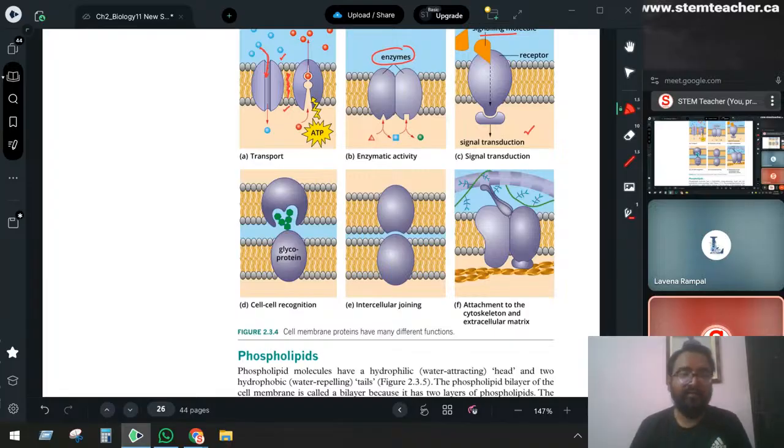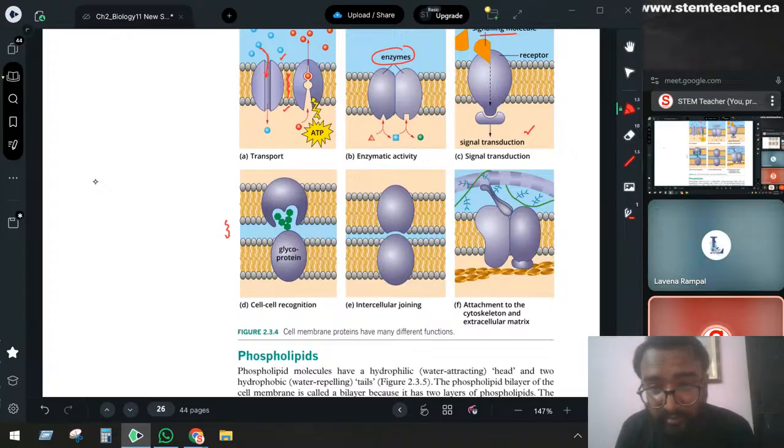I will share that PDF, those slides from the genetics portion also, on how internally they connect. This cell to cell recognition is important, and intercellular joining. If they are okay, they can join each other. Okay, and attachment to the cytoskeleton and extracellular matrix.